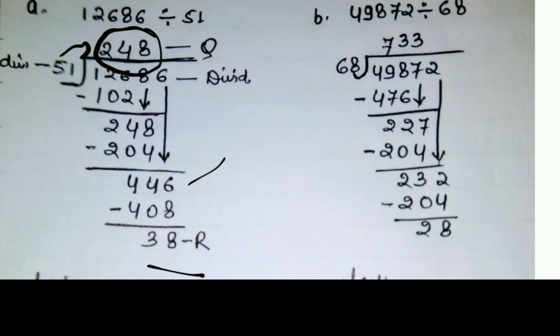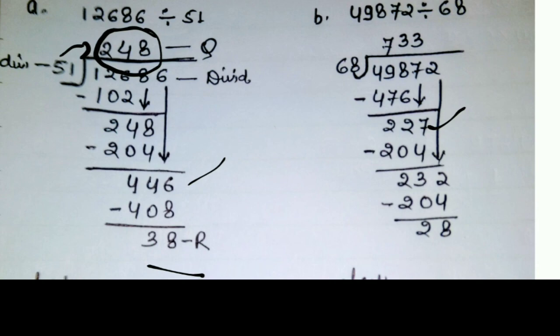See one more question on this side: 49,872 divided by 68. The same thing, you can write the table of 68 on one side. Then you can solve. It is easy to solve. 68 into 7 is 476. Remainder is 22. Now take this 7, so the new number is 227.